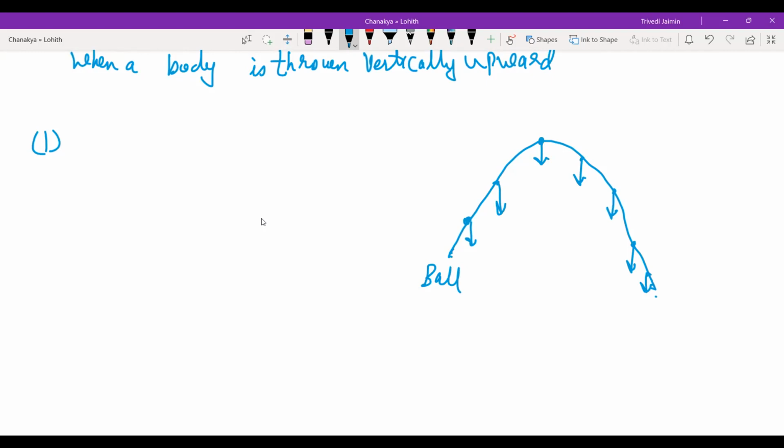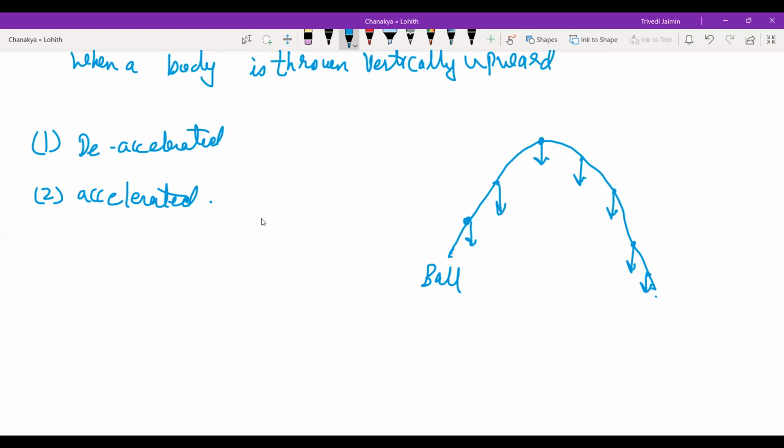So in this one, deceleration or decelerated motion. Second one, accelerated motion.